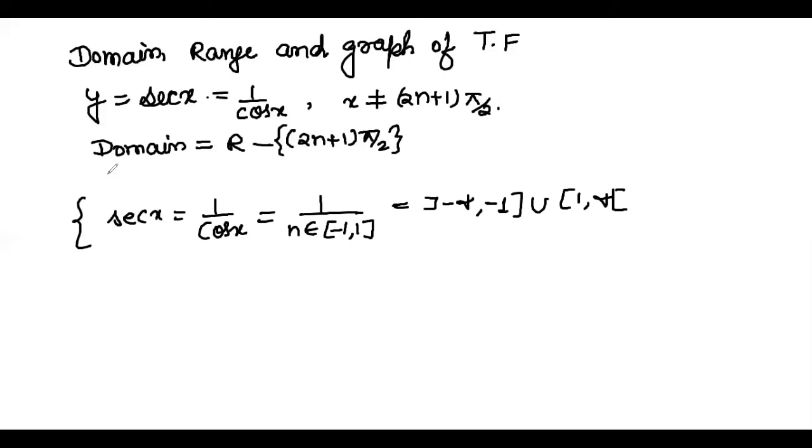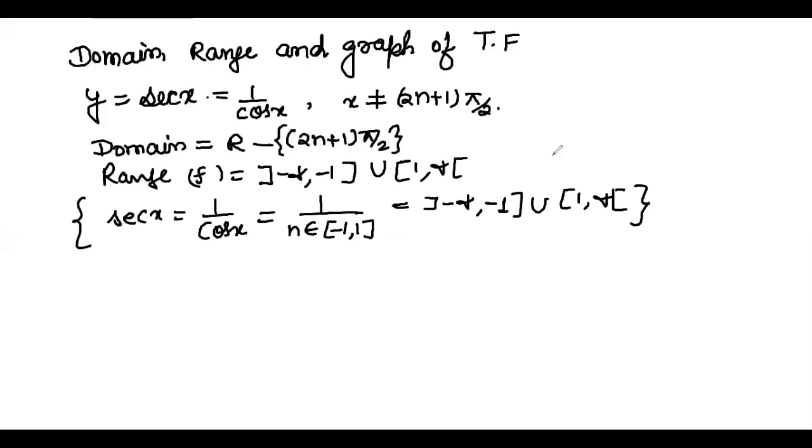So the range value of sec x will be -infinity to -1 union 1 to infinity, or we can write it as all real numbers except -1 and 1. Both are similar.